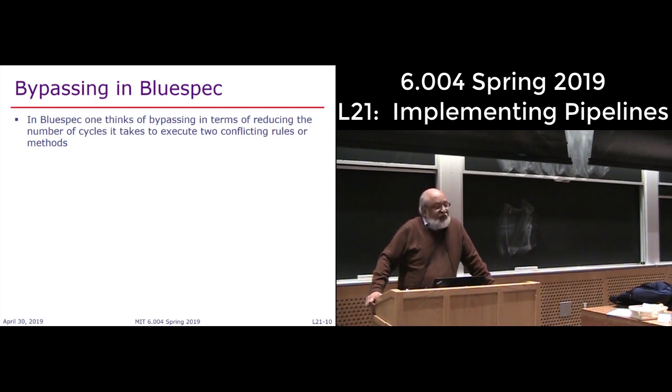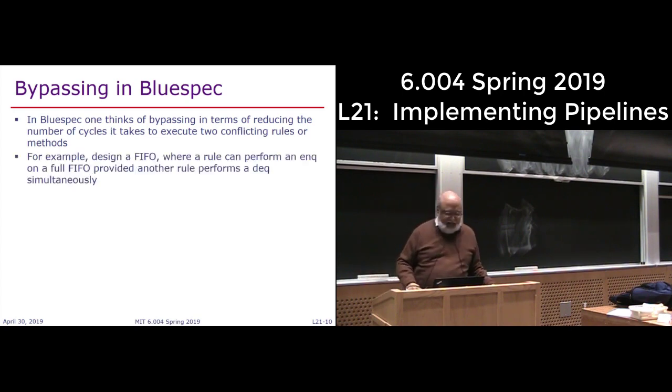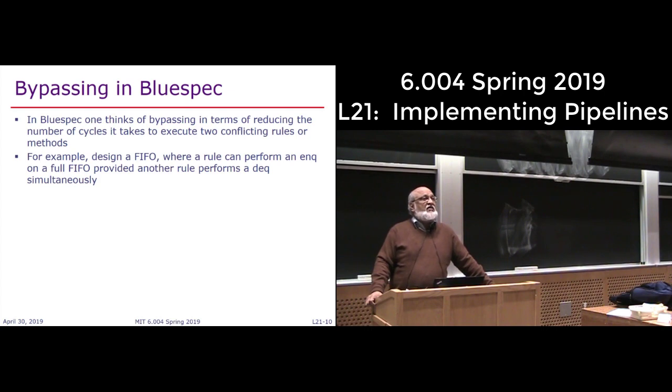In Blue spec one thinks of bypassing in terms of reducing the number of cycles it takes to execute two conflicting rules. So two mutually exclusive rules or two conflicting rules, we say we can't do them together, so we'll do them one by one, because that's the semantics, one rule at a time semantics. So an example: design a FIFO where a rule performs an NQ on a full FIFO provided another rule performs a DQ simultaneously.